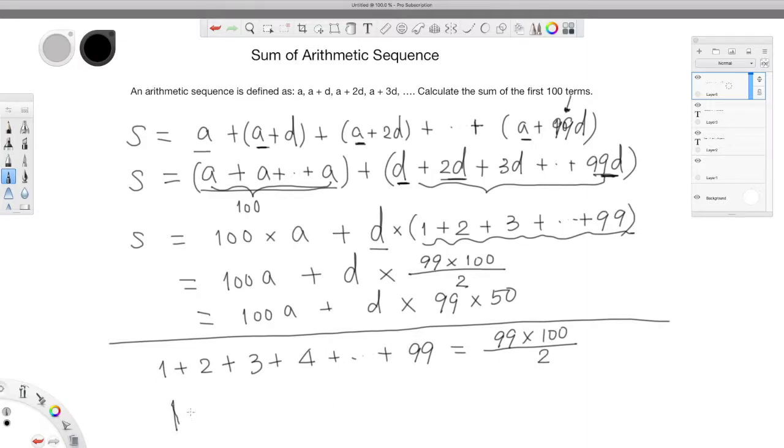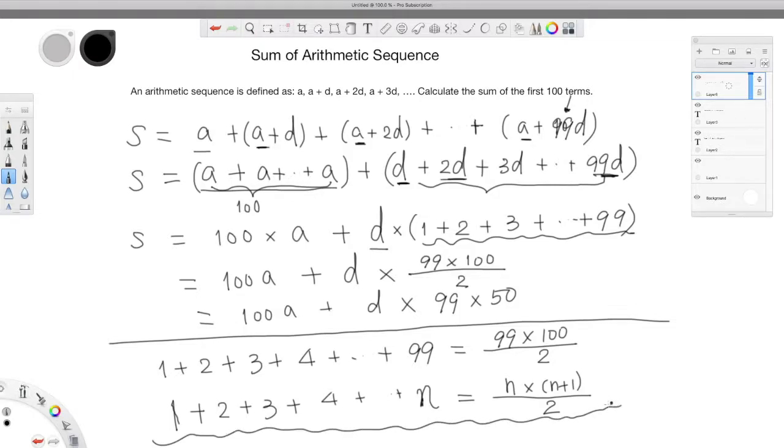Or in general, 1 plus 2 plus 3 plus 4 plus all the way to any integer n equals n times n plus 1 divided by 2. And we're going to be using this quite a lot in our math problems.